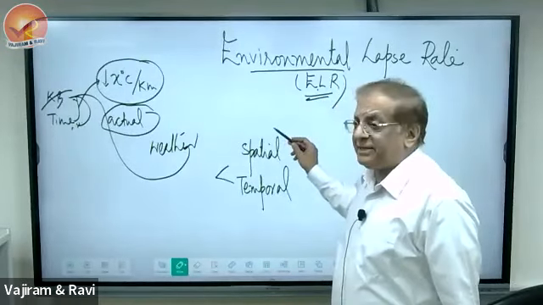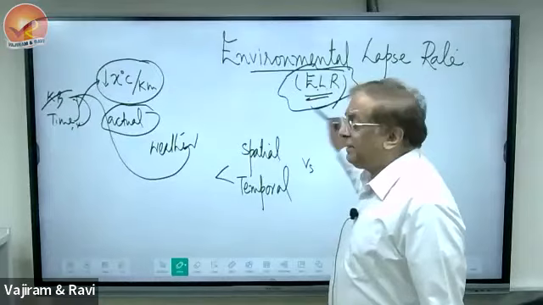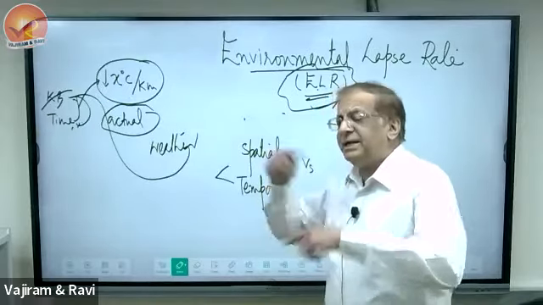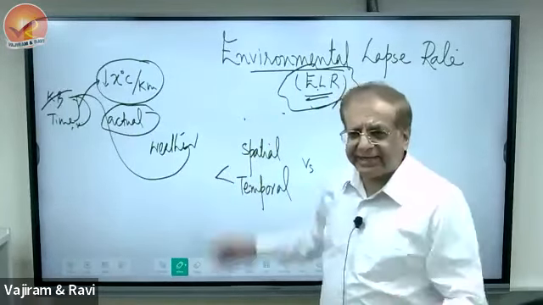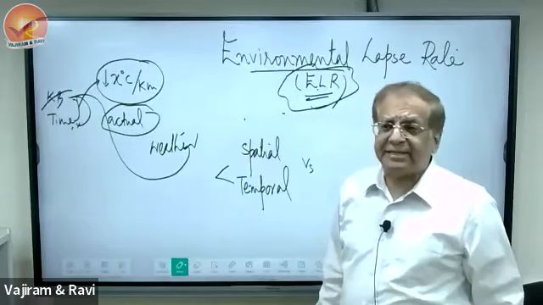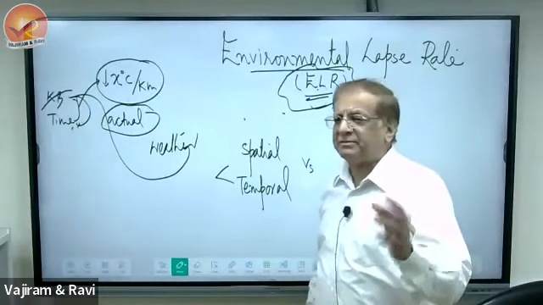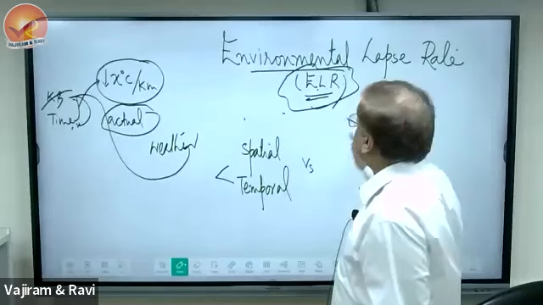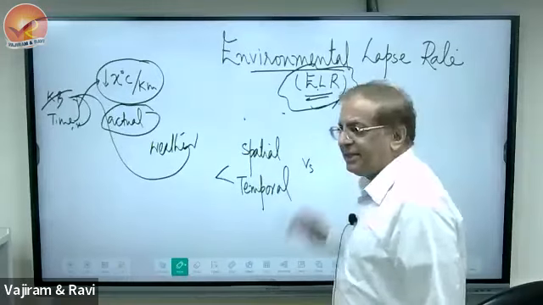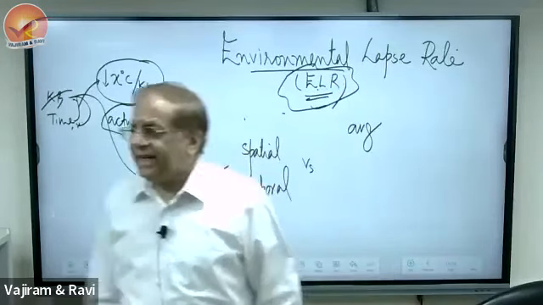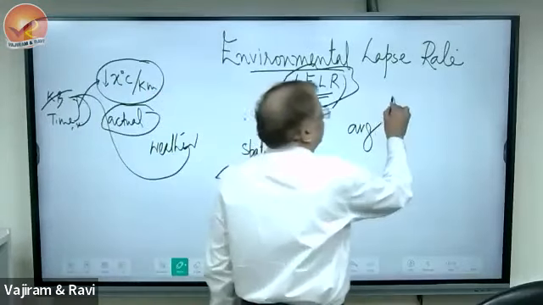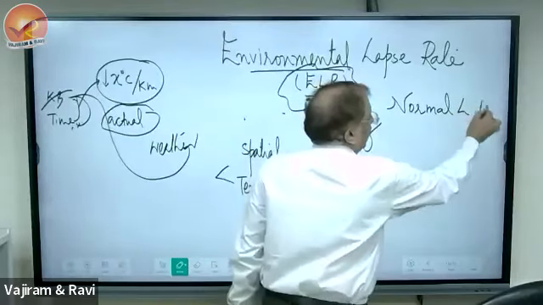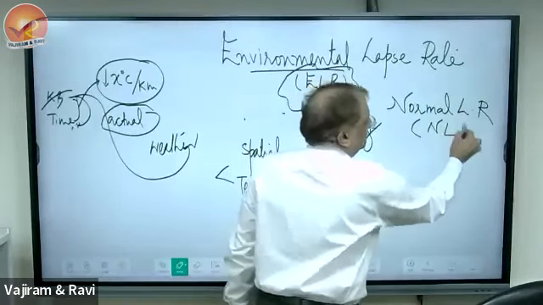Scientists who have studied the ELRs of different places of the world at different times of the year, year after year, for decades, have given us an average concept of ELR. And the average concept in science is called the normal lapse rate. In short, we'll call it NLR.